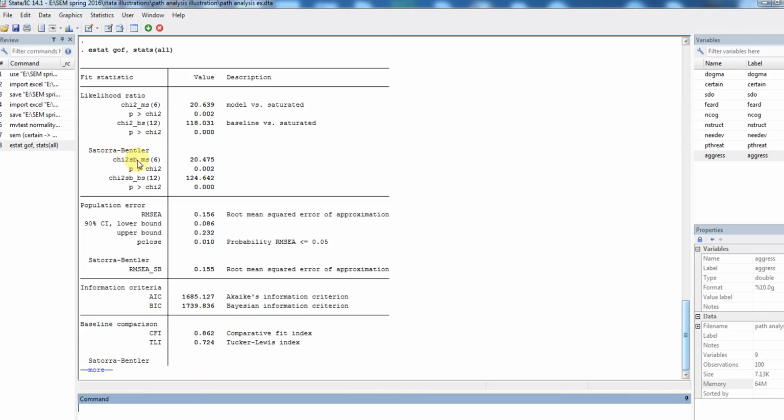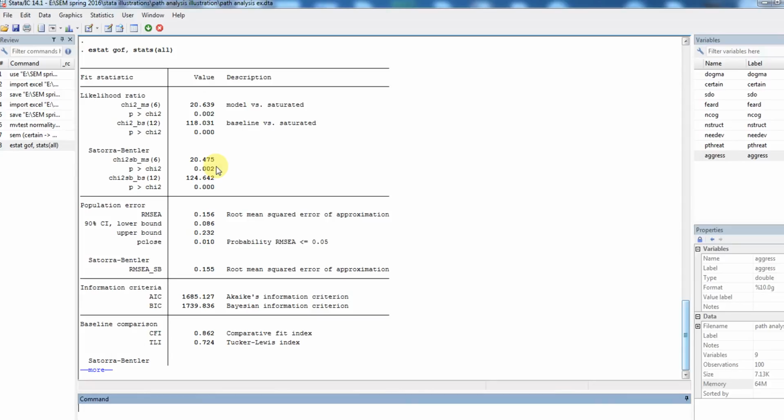Down below, you've got the Satorra Bentler scaled chi-square, and so this is the value here. Basically, you're looking at the chi-square test to see if it's statistically significant. Generally, we're looking for p-values at 0.05 or less, which would indicate statistical significance. And statistical significance for the chi-square test is actually indicating that your model is demonstrating poor fit to the data.